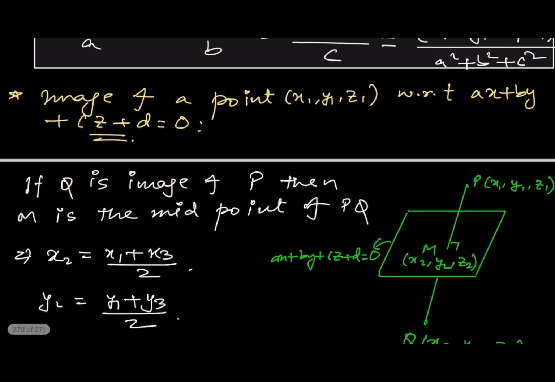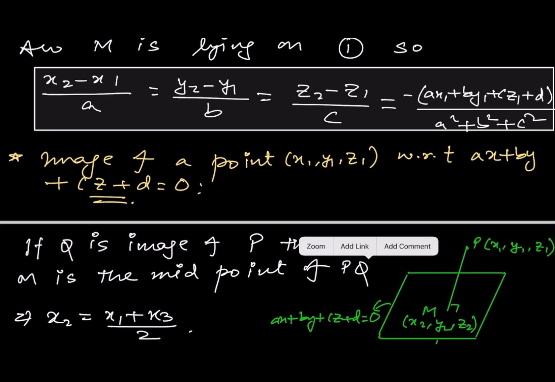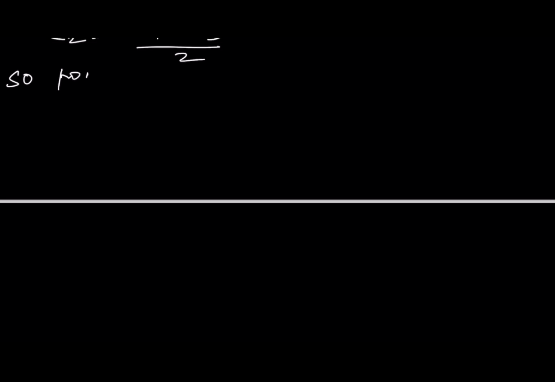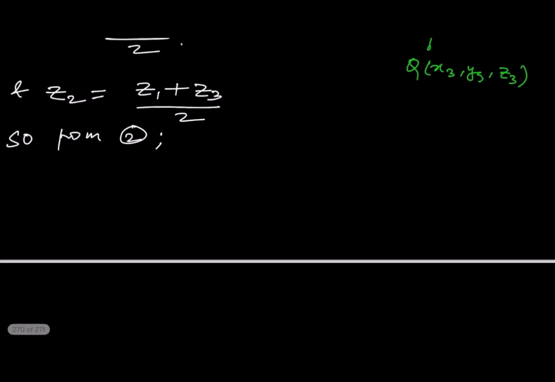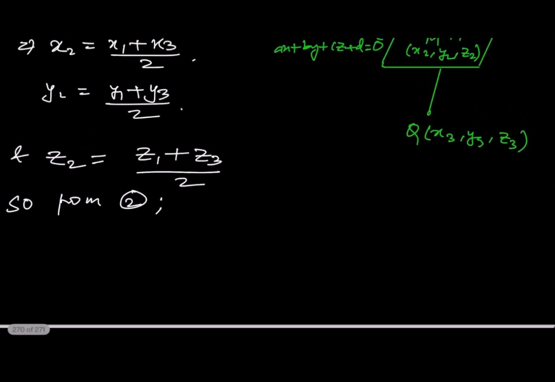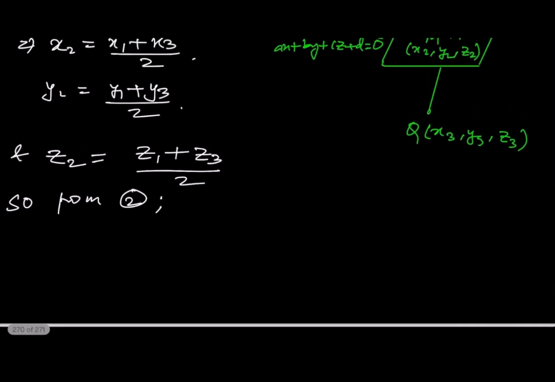So using relation 2, say this is 2, from 2 we can replace x2, y2, z2 by this.